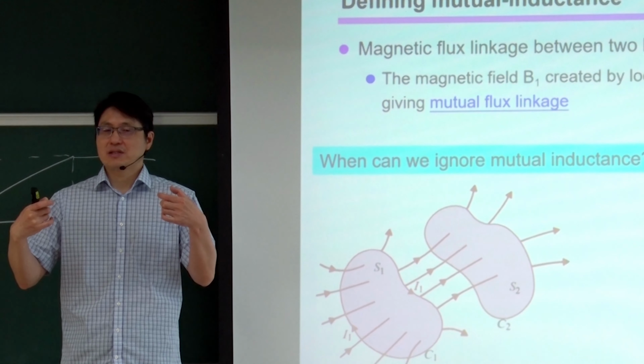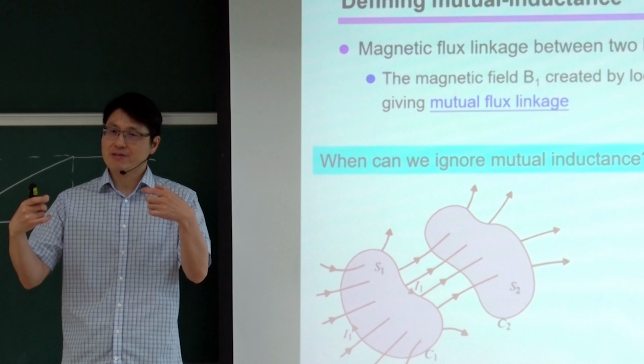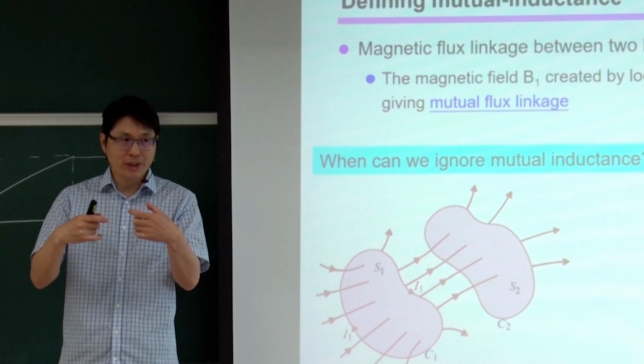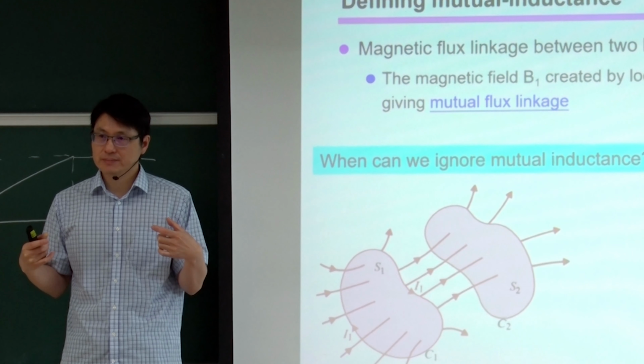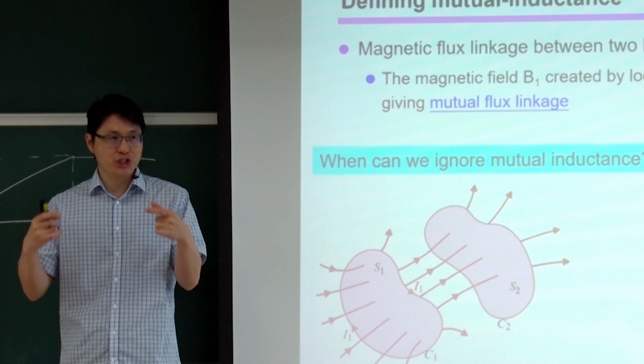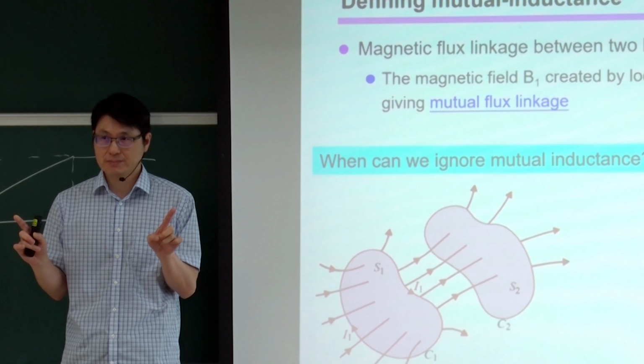Mutual inductance is there whenever you have magnetic field lines being shared between or among different loops. So as long as you have no shared field lines, you don't have mutual inductance.